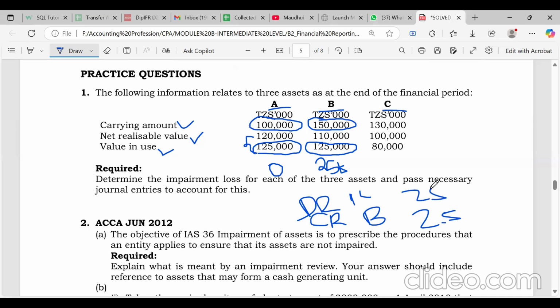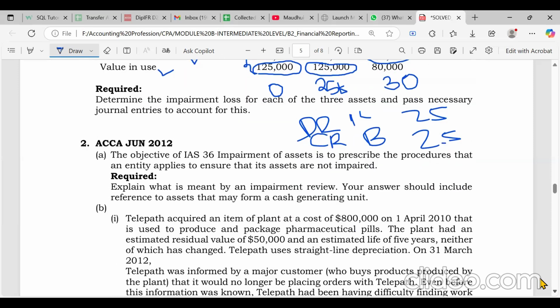You can see how simple it is. And here, for the third asset, you take the higher, 100, against the carrying amount of 130. Impairment again of 30, that is 30,000. You pass the entries as usual and everything gets done. So that's how we can see that impairment doesn't have problems.